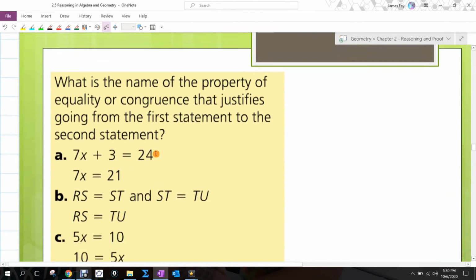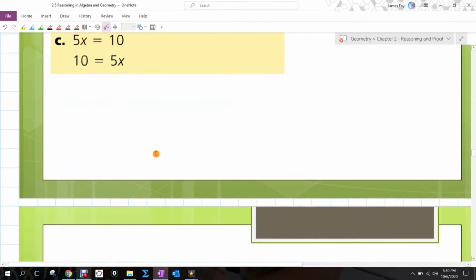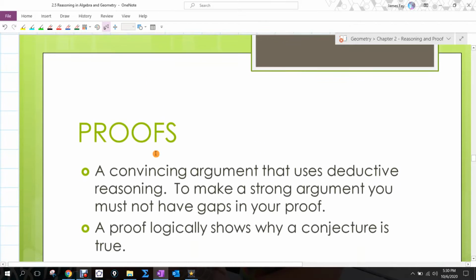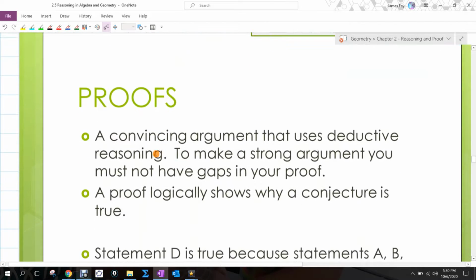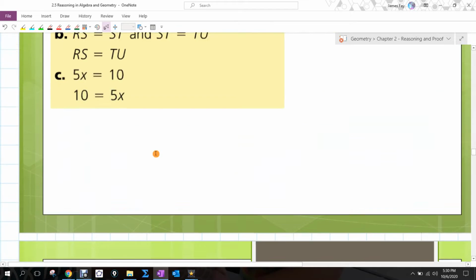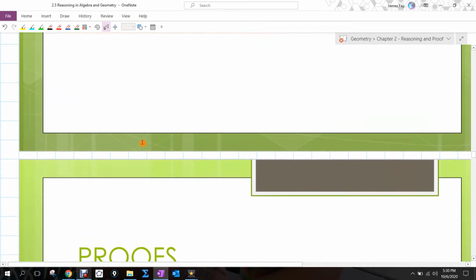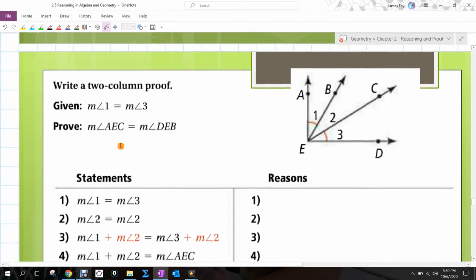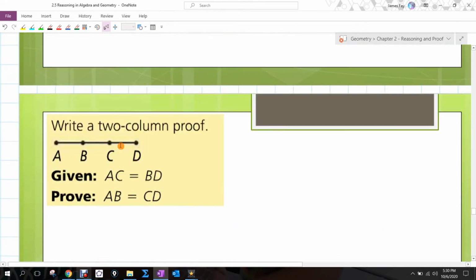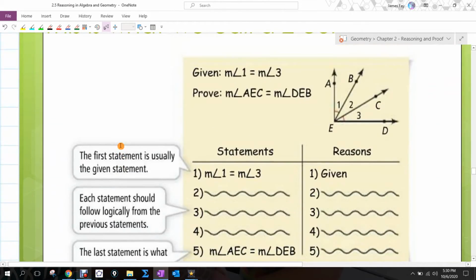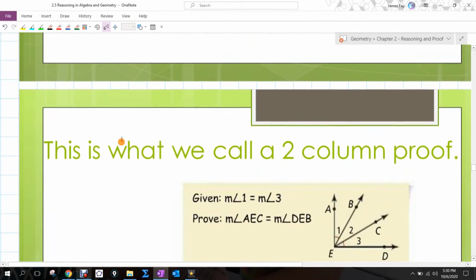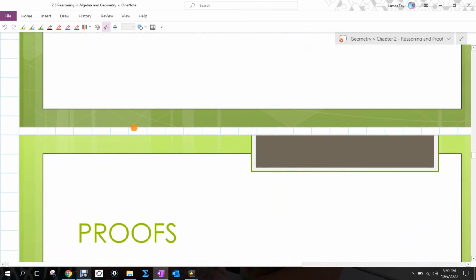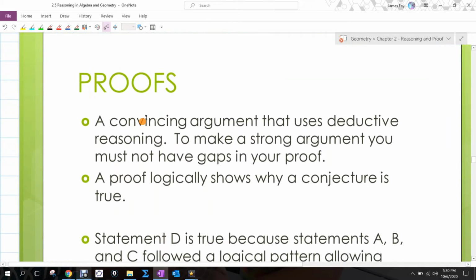I'm going to skip over some of these other examples here. You guys can do those as you see fit. If you're struggling with the ones that we went through, there's a couple more here that are very similar. I'm actually going to stop this video, and tomorrow we will pick up with proofs.